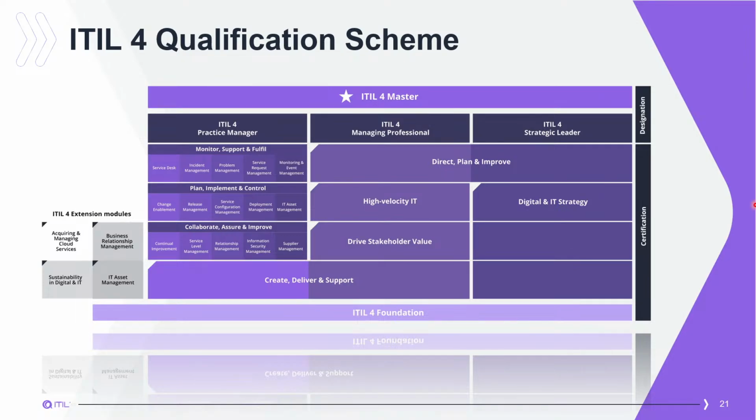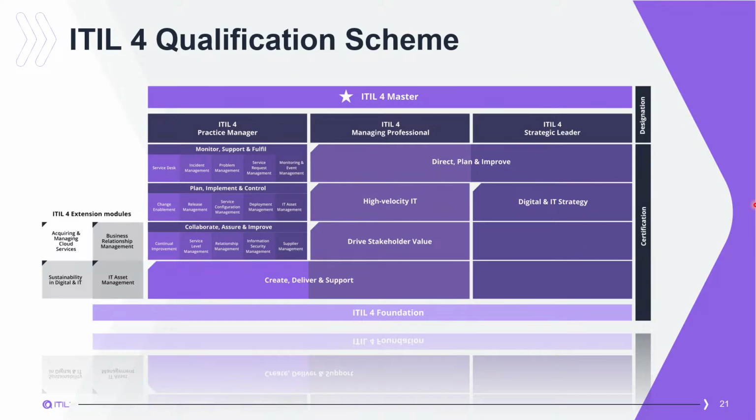There are lots of important modules, such as High Velocity IT, Direct, Plan and Improve, and GRC, which is the governance, risk and compliance part of the tasks inside companies, and Digital and IT Strategy, a holistic way of working and a digital strategy. So hopefully some of you have these, and maybe you're thinking about moving higher or making a transition to ITIL version 5.